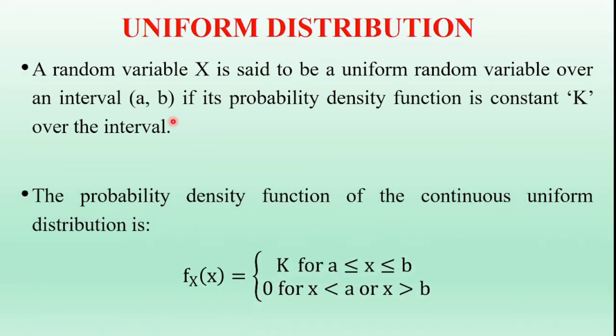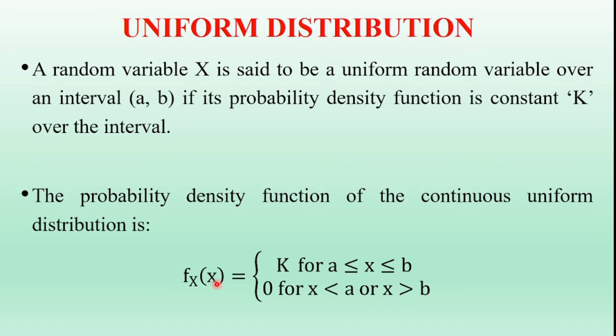Mathematically, the probability density function of the continuous uniform distribution is defined as small f subscript X of x, where the probability density function is denoted by small f, the suffix capital X is the uniform random variable, and small x is the value of the random variable.